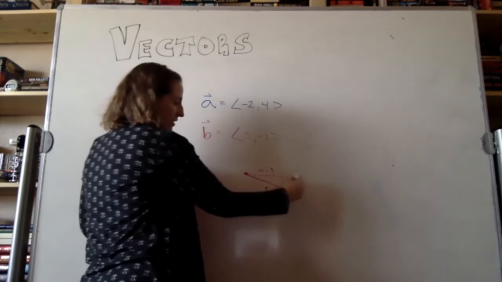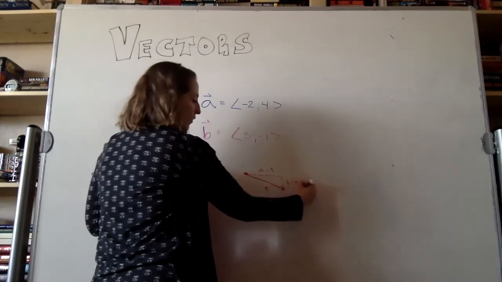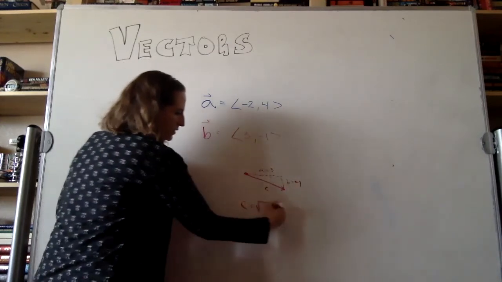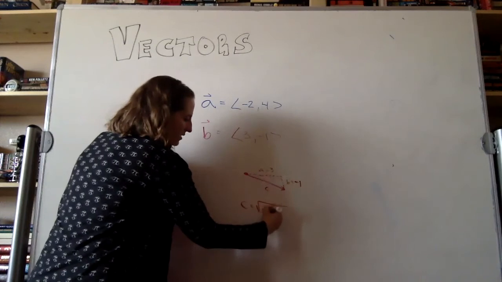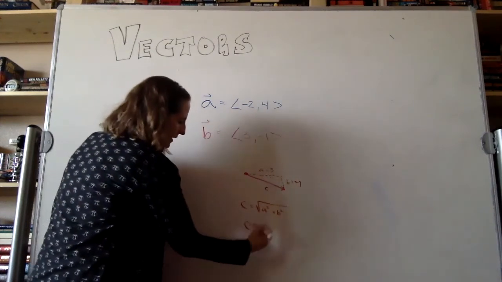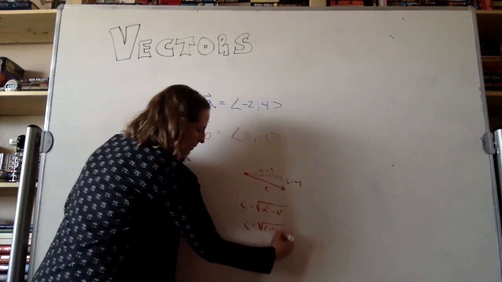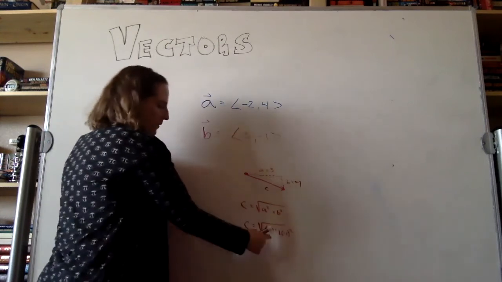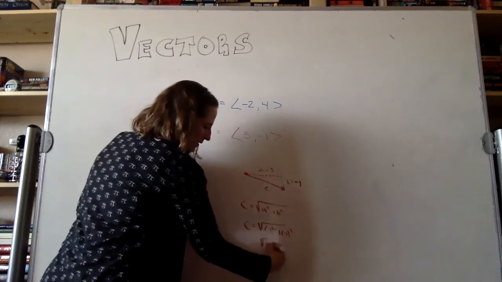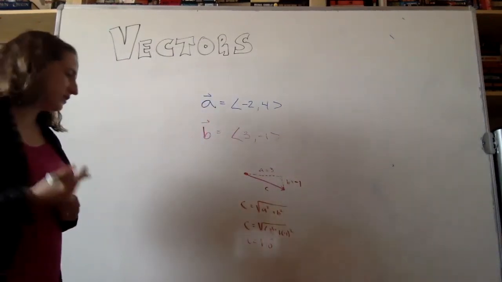Length b is just the vertical component of my vector, in this case -1. So c is going to be equal to the square root of a squared plus b squared. So in this case, c is the square root of 3 squared plus -1 squared. 3 squared is 9, -1 squared is 1, 9 plus 1 is 10. So the magnitude, or the length of this vector, is the square root of 10.